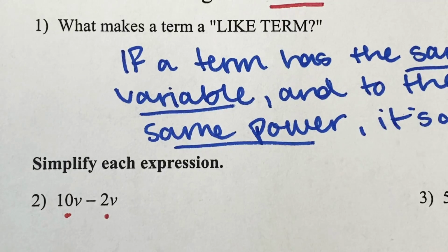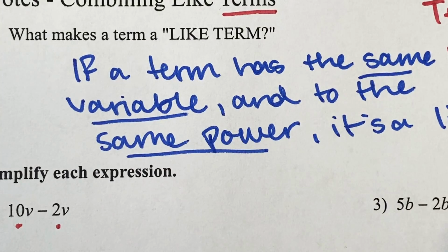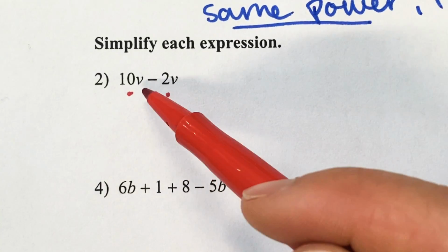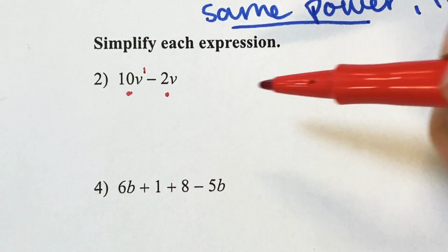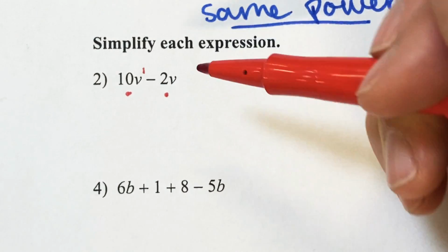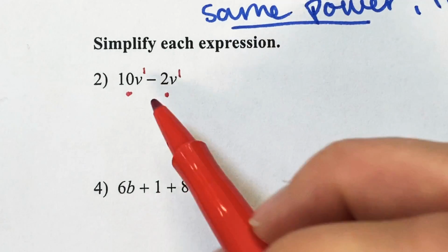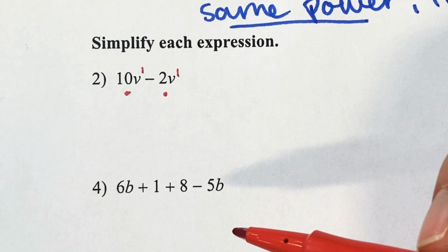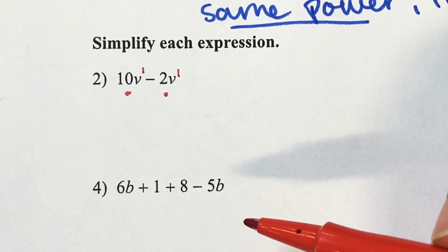Meaning, do they have the same variable and same power? I see my first term has a v to the first power, and this second term also has a v to the first power. So are these like terms? Yes, they are. So that means we can combine them.